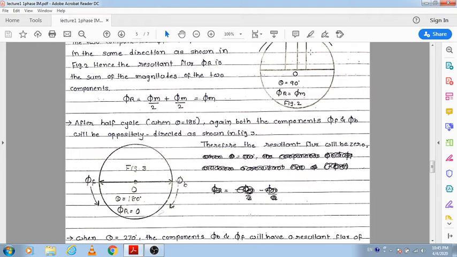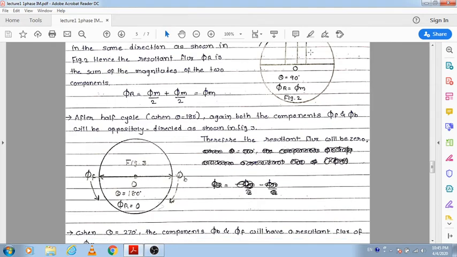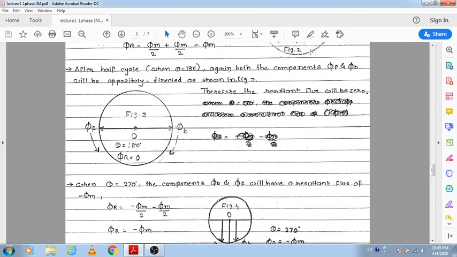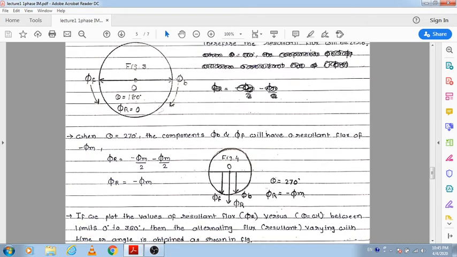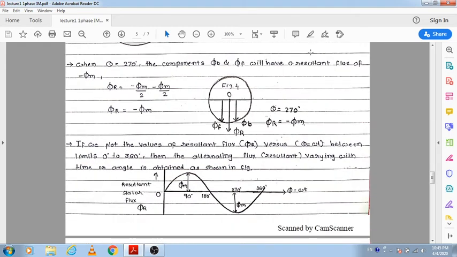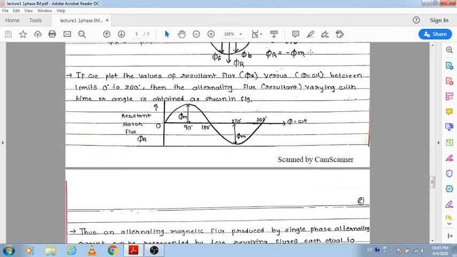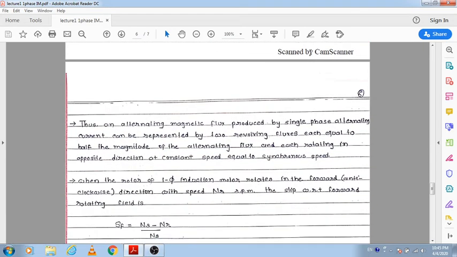Where we had phi f in case 1, now we have phi b, and where we had phi b, now it is phi f. Both are exactly reversed, so finally we achieve 0 resultant flux. Then at theta equal to 270 degrees, it is negative phi m. When you draw the final alternating flux graph, it looks like this.